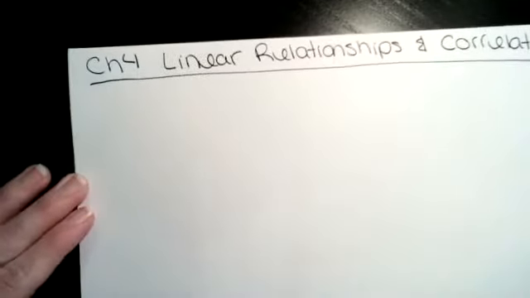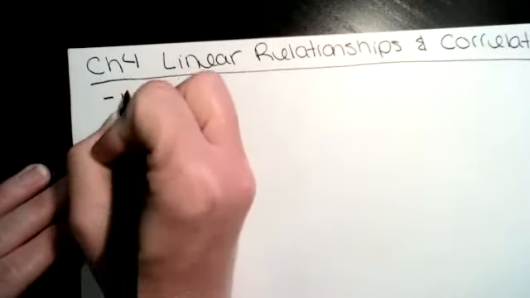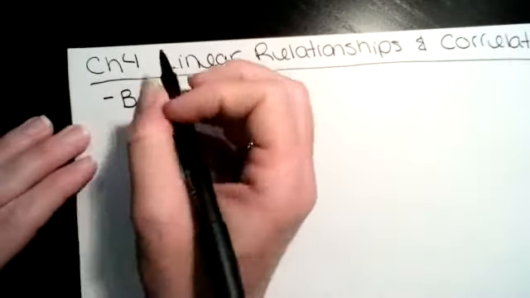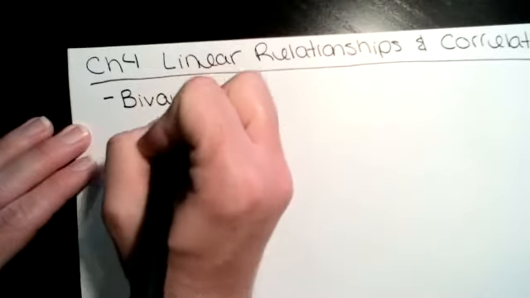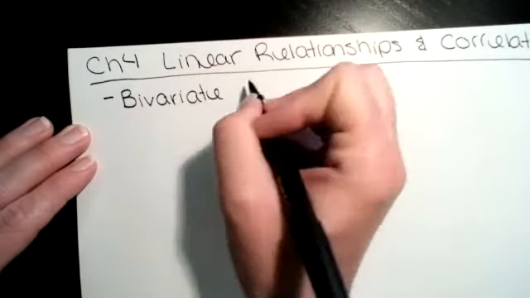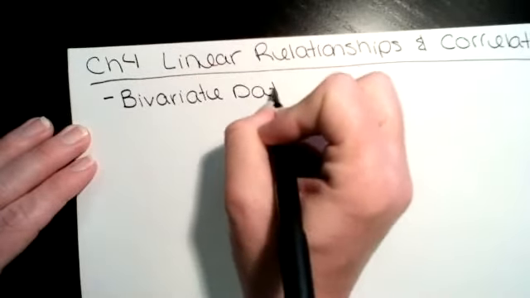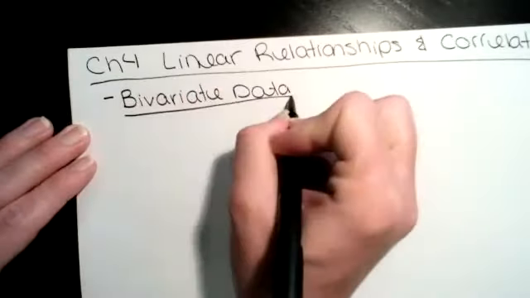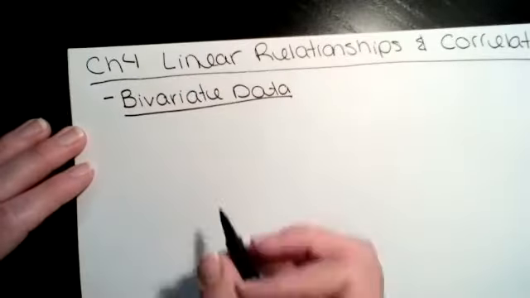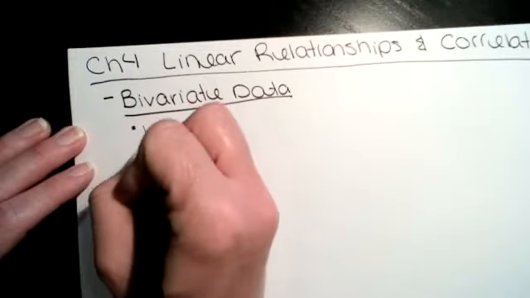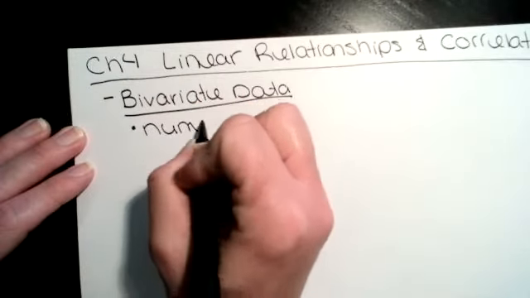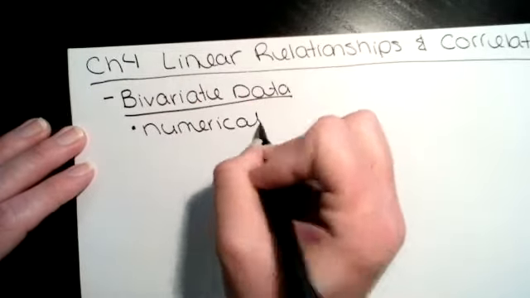So first we're going to talk about what we're doing here in chapter 4 and what we're working with, and that is bivariate data. And all bivariate data means is that we're looking at two variables. So I want you to know we're still in this numerical data.